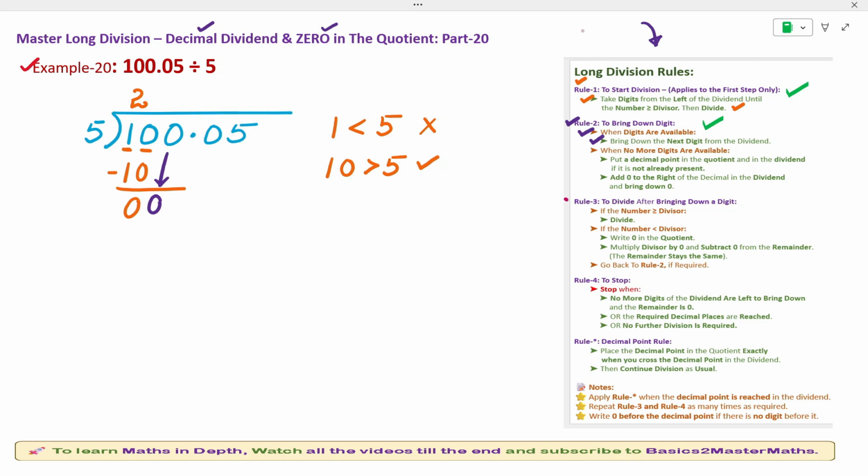Let us apply rule 3. Observe. Now, the number becomes 0, which is less than the divisor 5.